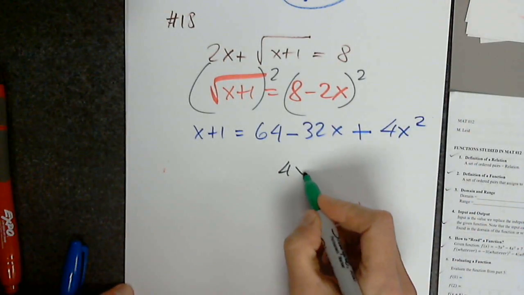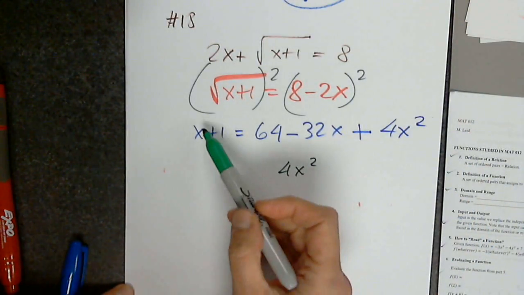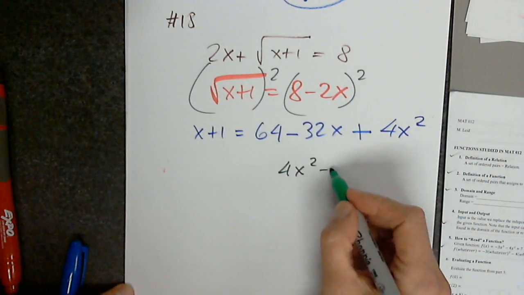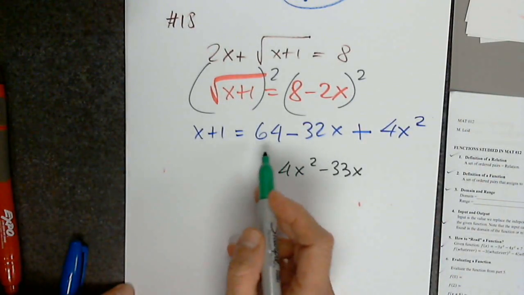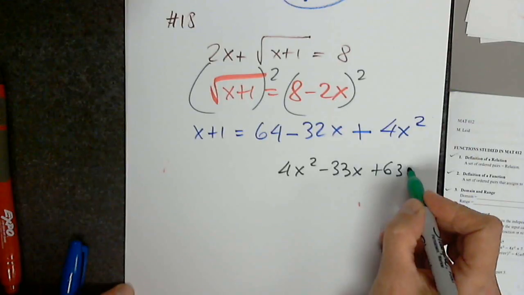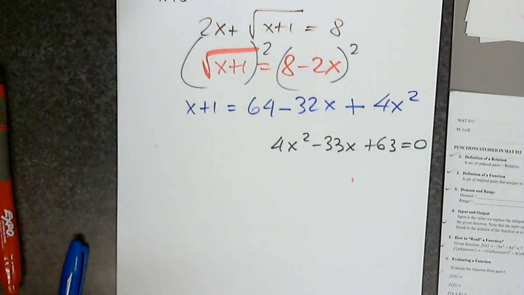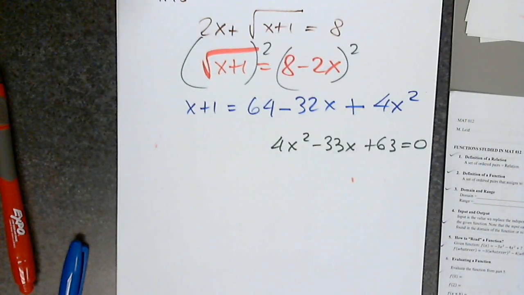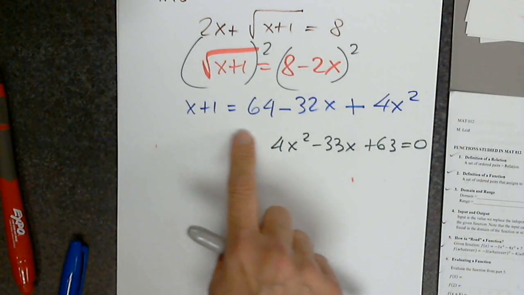I have 4x squared. I have to set it equal to 0. I have to subtract x. And I have to subtract 1. To set it equal to 0. It's a quadratic equation. I have 4x squared. I have to subtract x.